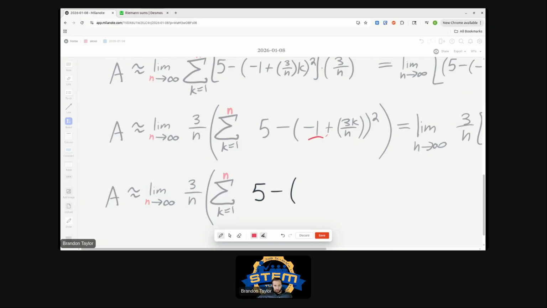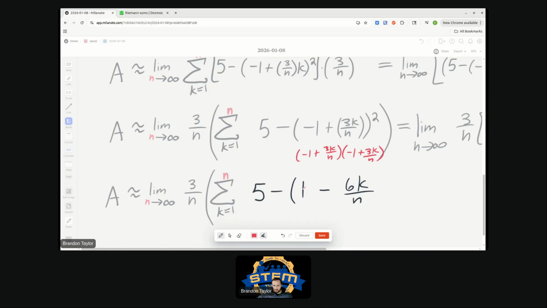Think of it like foiling. It is foiling. We're foiling this thing. So that times itself. Well, -1 times -1 is +1, right? And then -2 times 3k, so 6k over n, right? Imagine it like this: you have -1 plus 3k over n times -1 plus 3k over n.